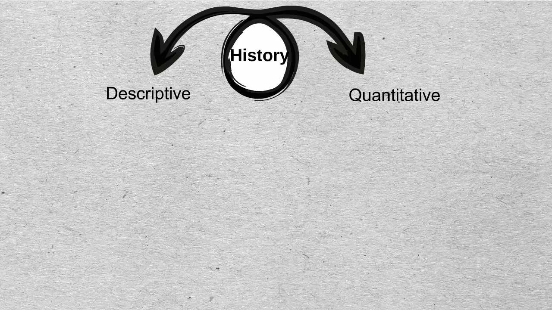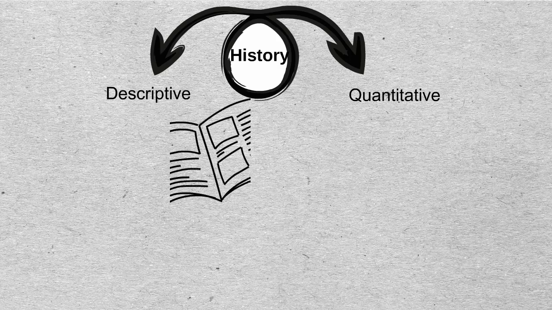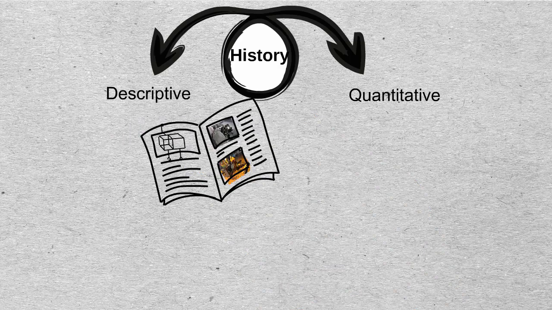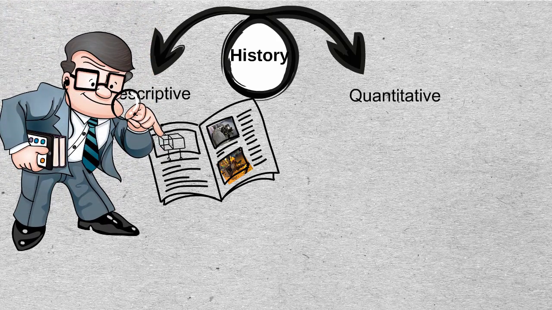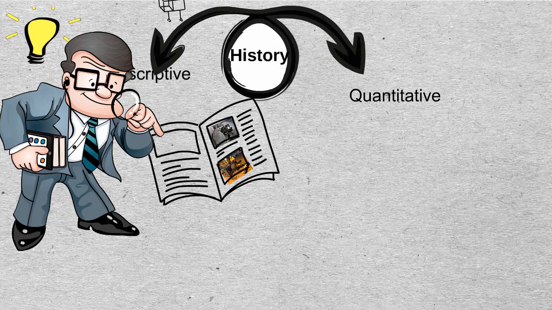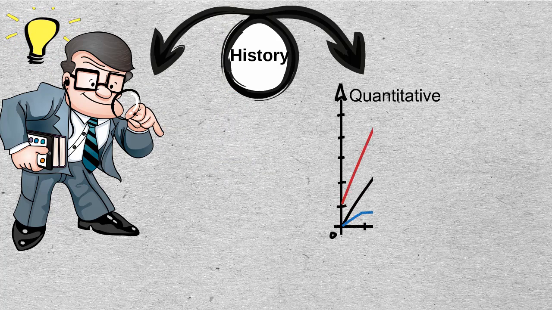Maintenance engineers typically analyze descriptive history, consisting of textual narratives, sketches, and photographs that document operational problems encountered and proposed solutions. A subject matter expert reviews this information and then proposes engineering modifications that will resolve the issue.